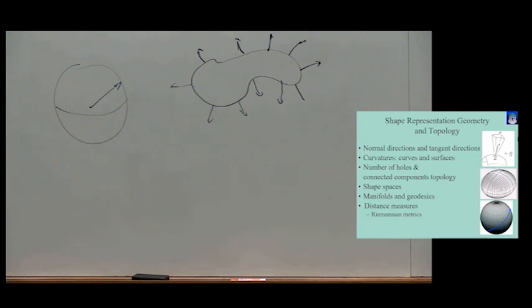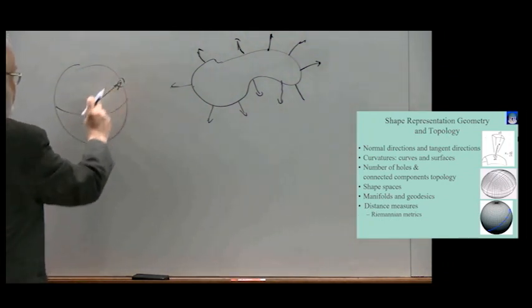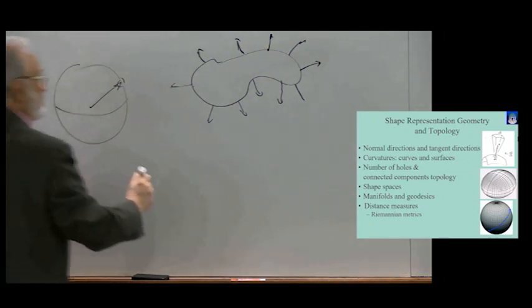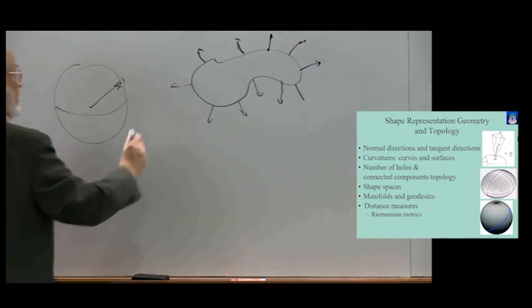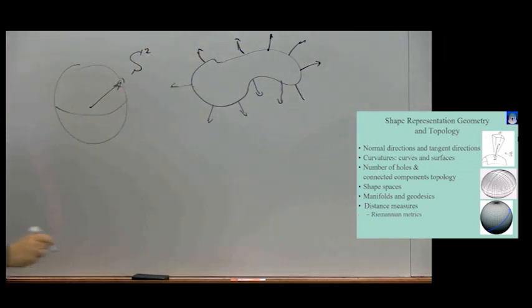And that point can be specified by 2 numbers, a latitude and a longitude. So it's a duple. Every point on the sphere corresponds to a direction. We say it lives in S2, the two-dimensional sphere.